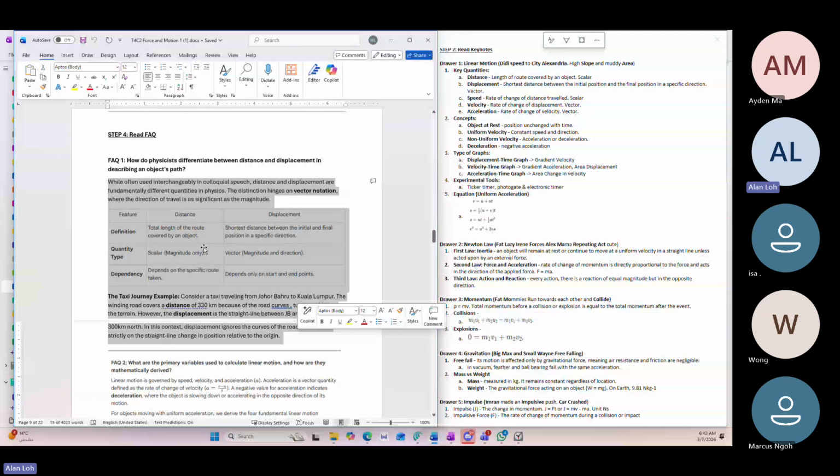So let's see whether this is still drawer number 1 or drawer number 2. In 1 minute, FAQ number 3. Let's start now. Thirty more seconds.